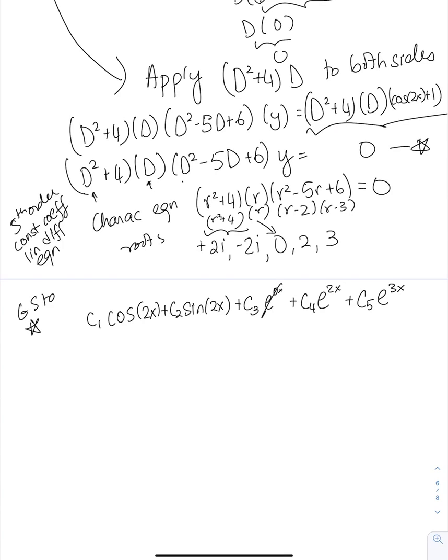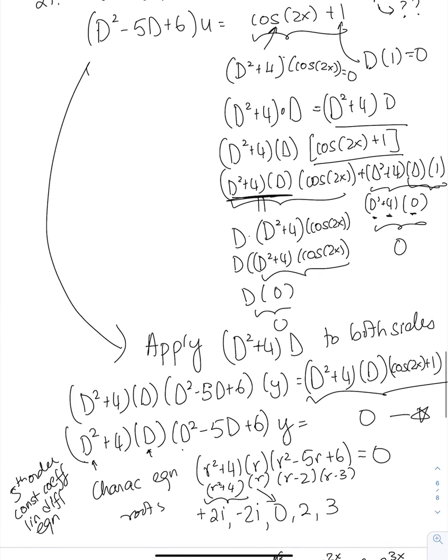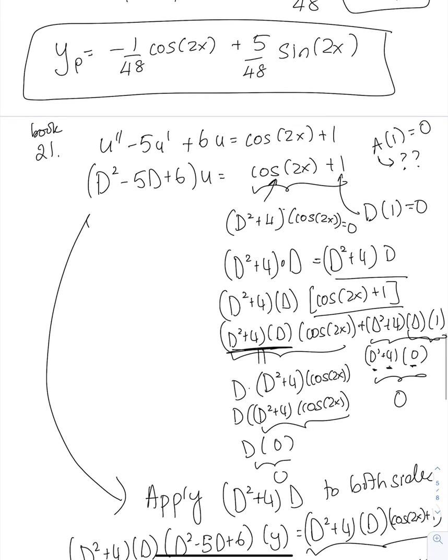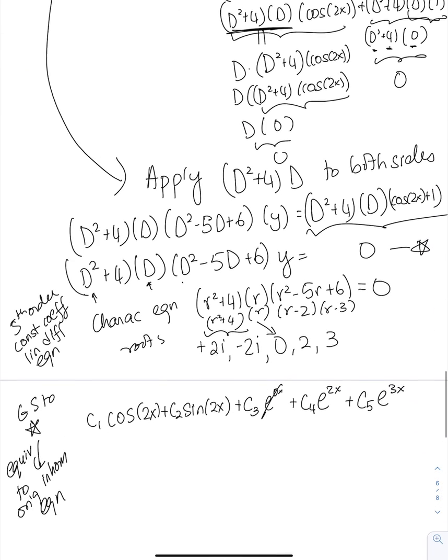All right, but star is equivalent to the original inhomogeneous equation. Which is the original inhomogeneous equation? This one right here: D squared minus 5D plus 6 applied to u equals cosine 2x plus 1. Or if you want, u double prime minus 5u prime plus 6u equals this.